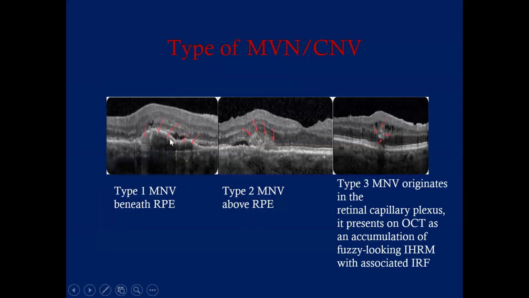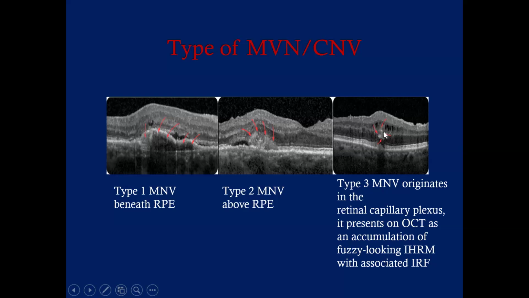So this subretinal space also has subretinal fluid. If you find such a lesion beneath the RPE, we call it type 1 macular neovascularization. If you find such hyperreflective material above the RPE, which is shown by a red arrow, it is type 2.